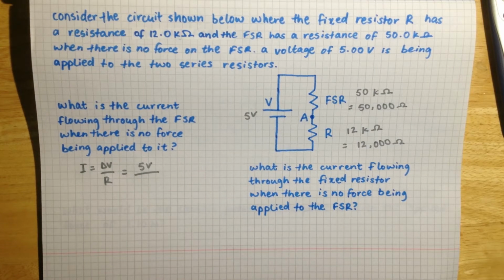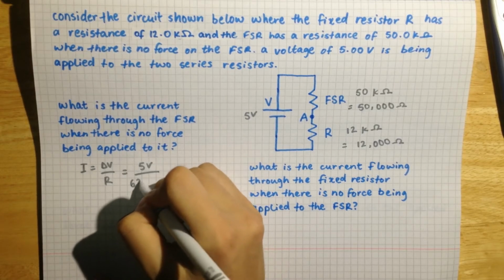And this is going to be the total resistance. So the resistance of both of these resistors, because this is a series circuit, we have 50,000 ohms plus 12,000 ohms. So that is going to be 62,000 ohms in the denominator.